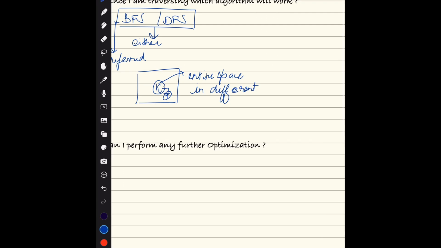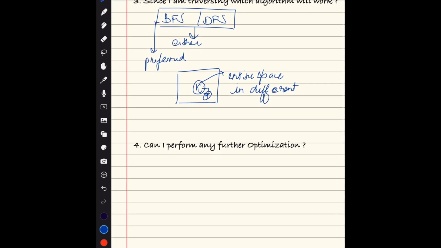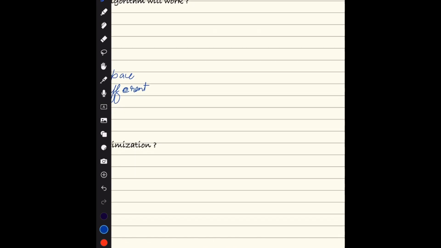So then it would result in extra complexity or extra time. That is why moving small steps in every direction is the best way for us to reach a goal, right?